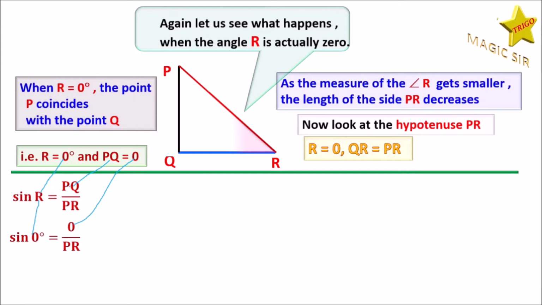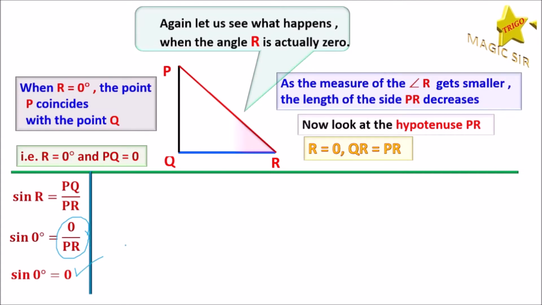So sin 0 degrees is equal to 0 upon PR. So sin 0 degrees is equal to 0. Hence we have found the value of sin 0 degrees is equal to 0.